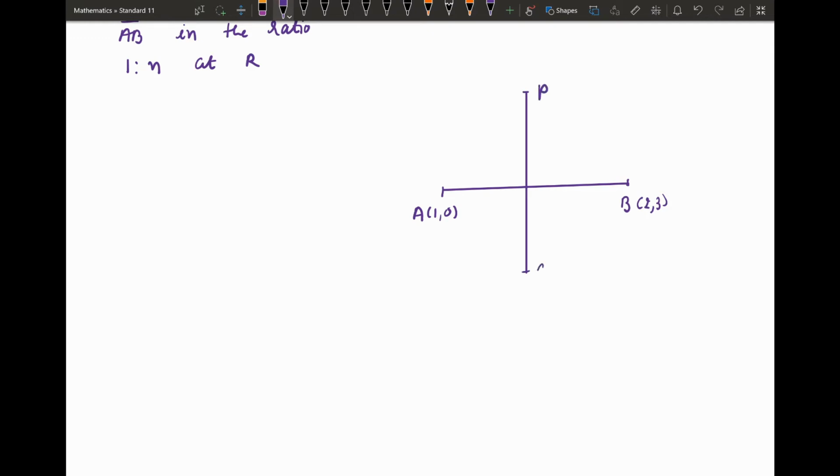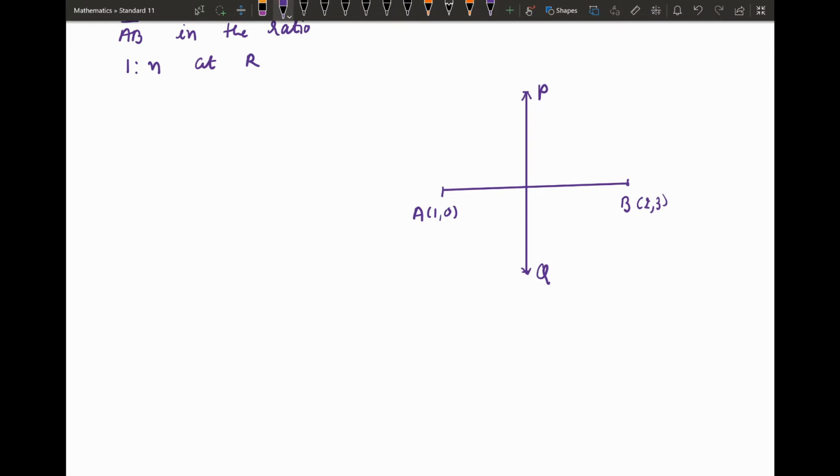Suppose this is the line PQ, which is perpendicular to line AB, PQ perpendicular to line AB.